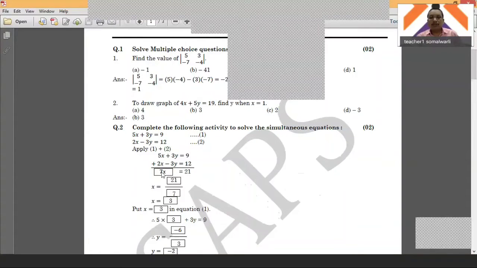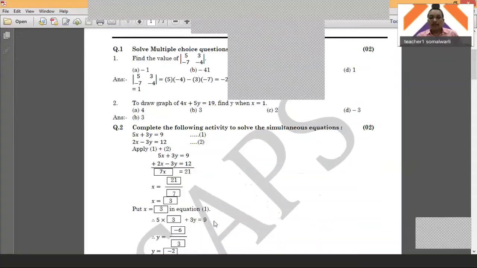You have to write the complete steps, also simultaneously you have to fill the blanks. 21 upon 7 will give you 3. So you got x is equal to 3, and putting this x is equal to 3 in equation number 1, it will give us 5 into 3 plus 3y is equal to 9. So 5 into 3, 15. 15 will go to the right side, it will become minus.